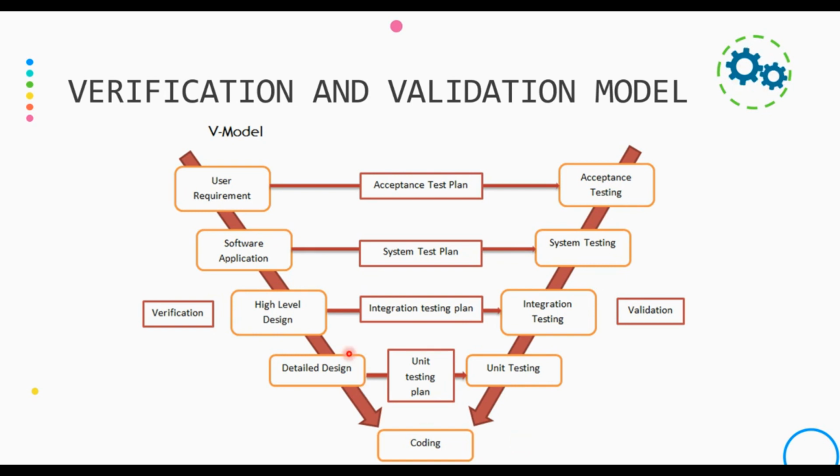So this is actually a software development life cycle. This model is a reference model, and we can consider it as a waterfall model. The very first stage of the software development lifecycle is user requirement. Here the customer will define what actual expectations he has, and as per that the requirement will be defined.